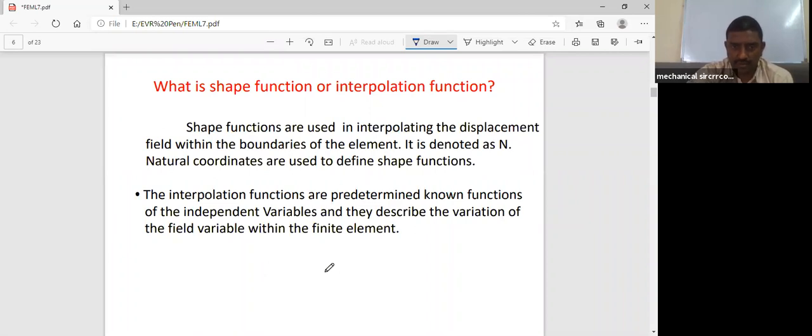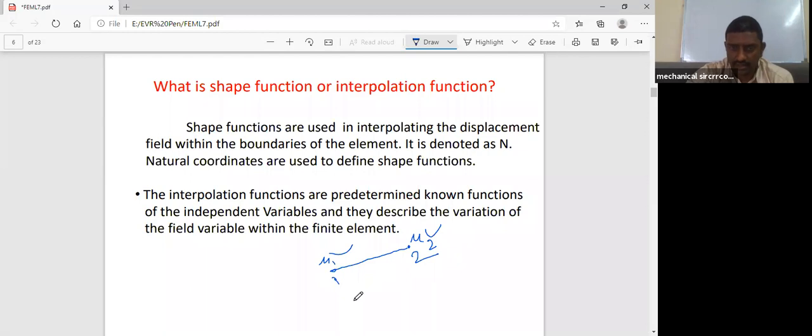For example, this is a one-dimensional element with node 1 and node 2. At node 1 the displacement is u1, and at node 2 the displacement is u2. At the ends of the element, u1 and u2 are the known values.